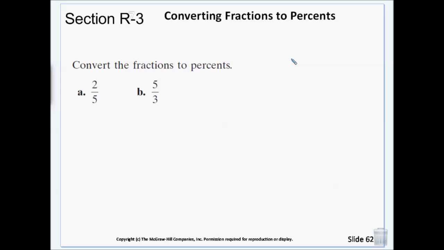Guess what? There's 2 ways to do this. Okay, method 1 is to go from fraction to decimal to percent, and method 2 is using a proportion. Okay, it's up to you. So let's do A, and I'll start with method 1.